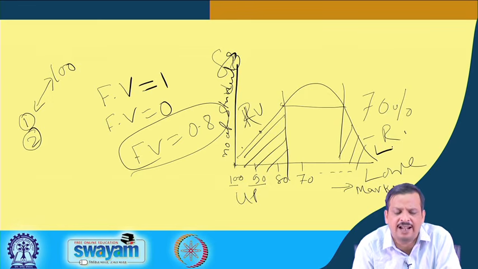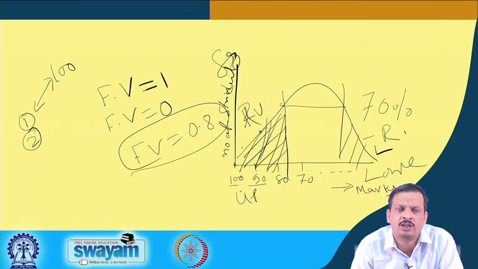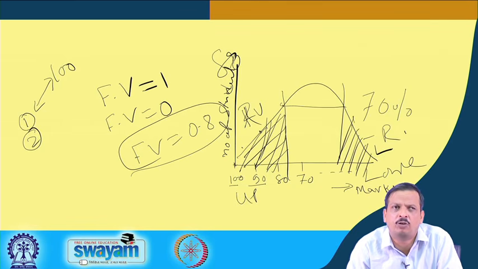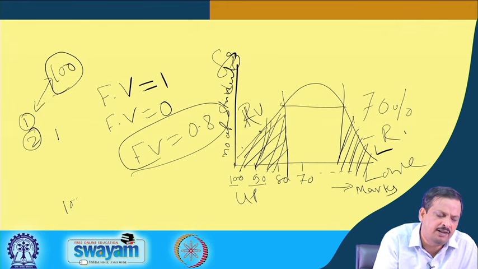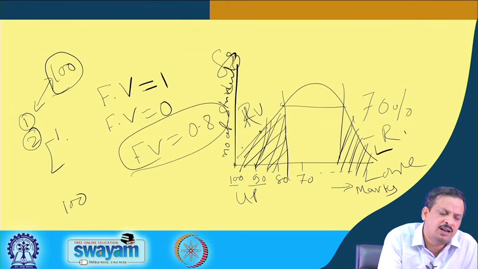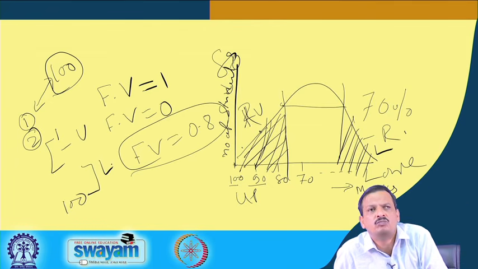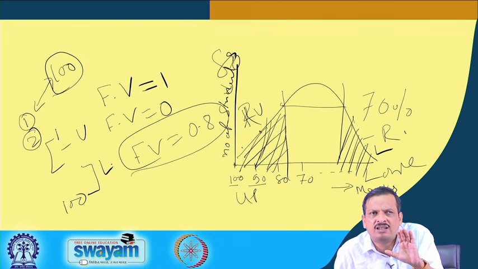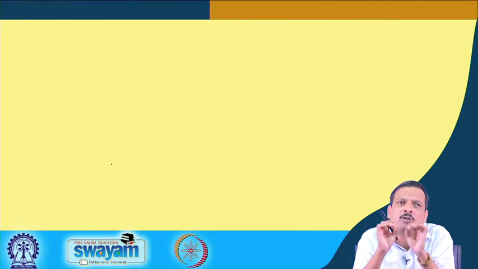So, how many students are there in the upper group? This is 70%, so 30% of the students are in the upper group and 30% of the students in the lower group. If I have 100 students and I rank them 1 to 100, the first 30 students are the upper group, the last 30 students are in the lower group. Understand?